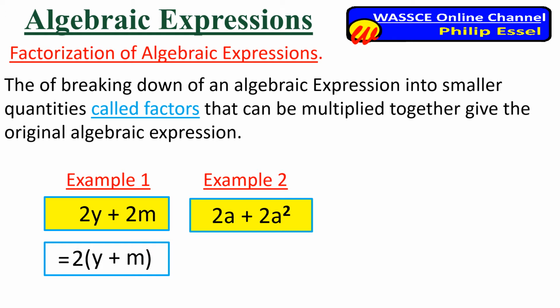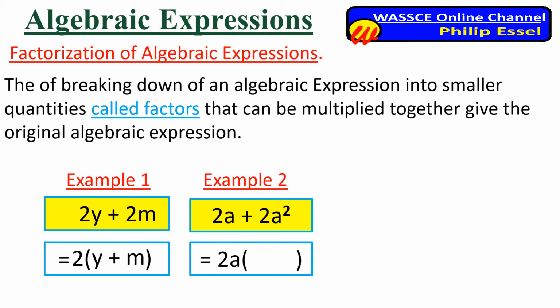You realize that in the first term, the item 2 and a can be found. Also in the second term, the item 2 and a can also be found. So the item 2a is common to both of the two terms. So we can factorize that out.